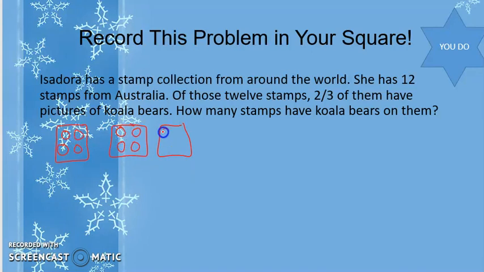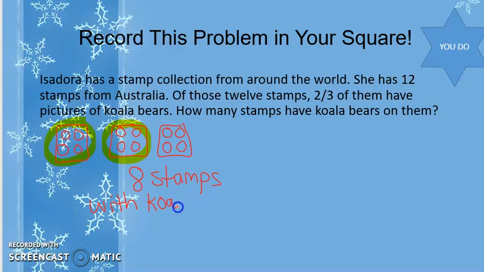And the way that we knew that was because 3 times what number is going to get us to 12? The answer is 4. And we know that we want 2 of those 3 groups. So that would make 8 stamps, the number of stamps that she would have that have koala bears on them. 8 stamps with koalas.